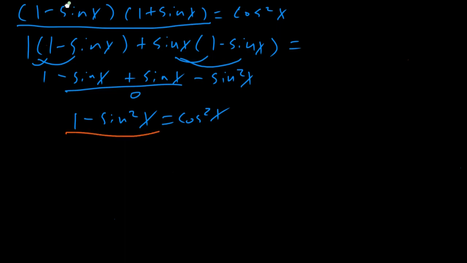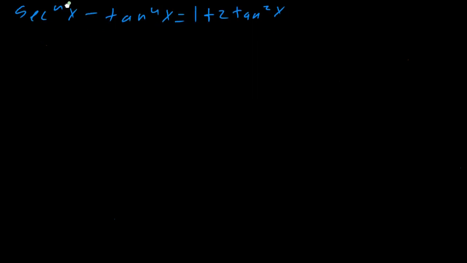If you remember this from the last problem, that's equal to cosine squared of x, which is the same on the other side, so we verified this identity. So here's our next problem. We have secant to the fourth x minus tangent to the fourth x is equal to 1 plus 2 times tangent squared of x.